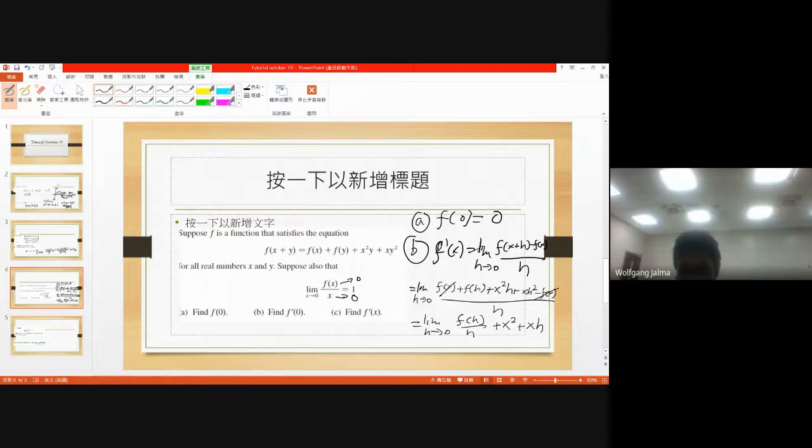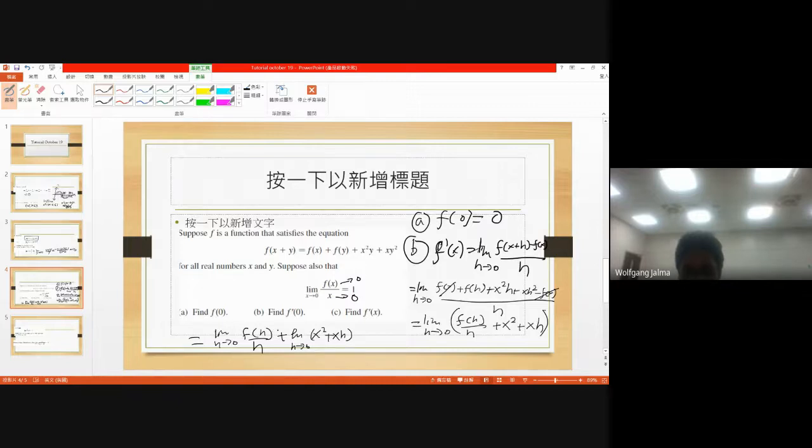So the first part is equal to what? It becomes the limit as h to 0 of f(h) over h plus the limit as h to 0 of x squared plus xh.